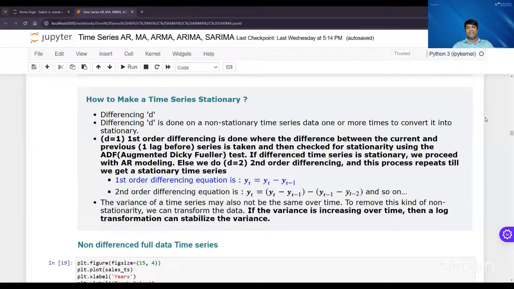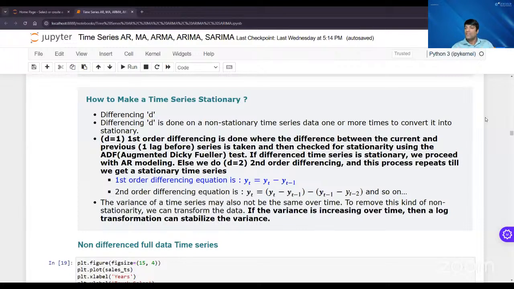This is a very simple layman's terminology. This will help you identify trends and patterns in the data, or trend or seasonality in the data. Now, if we take one difference, we say that there is one lag difference.